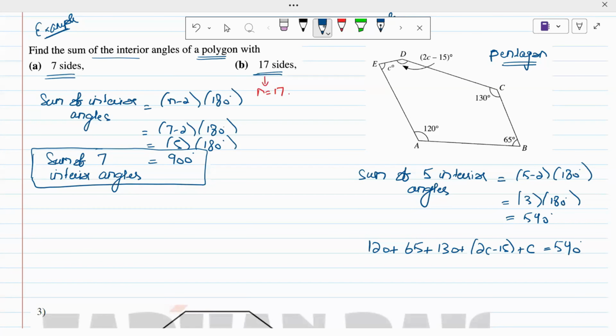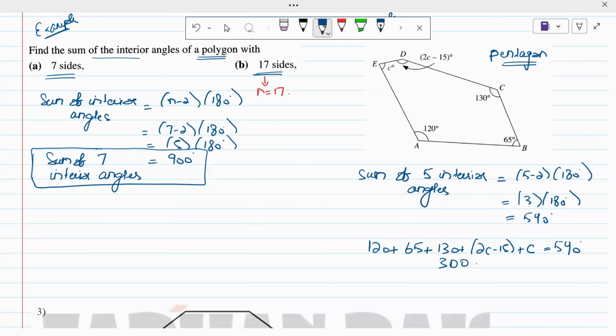So here we have the equation made. And in this whole equation, you can clearly see it's only the variable C which is unknown and needs to be found. So we'll solve it: 120 plus 65 plus 130 is 315, and minus 15 gives us 300.